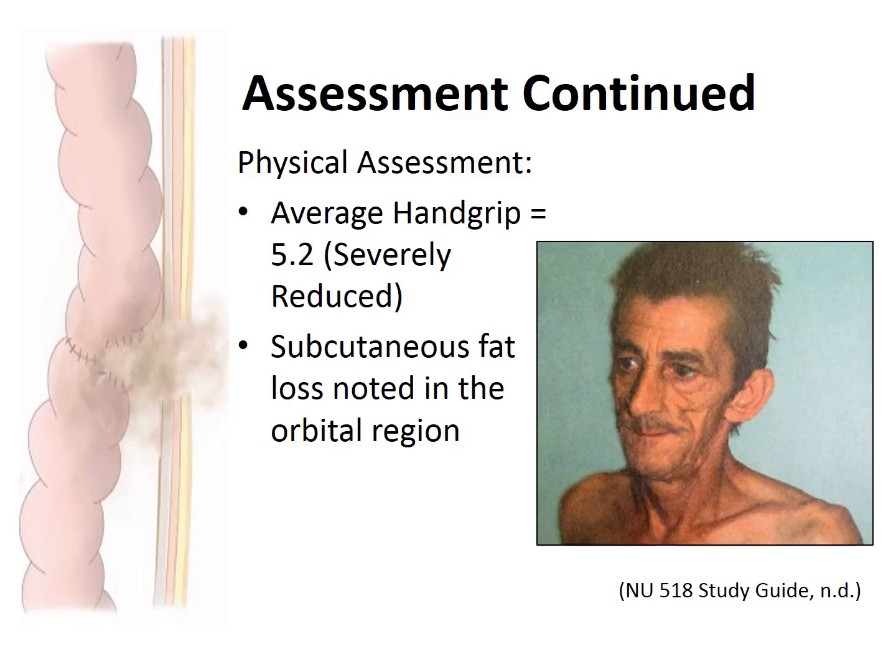The hand grip test was completed 3 times, and his arm was held away from his body. This way his body could not give any leverage to that result. The average came to 5.2, indicating he was severely reduced in his physical function or hand grip strength.